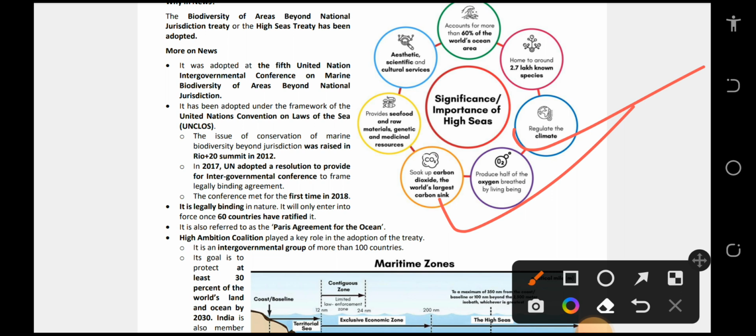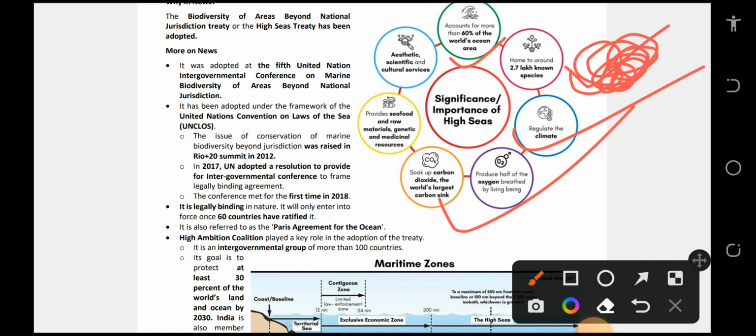The second importance related to the high sea is that it is home to around 2.7 lakh known species. It means the high sea is the home of 2.7 lakh known species; we are already aware that species live in the high sea.